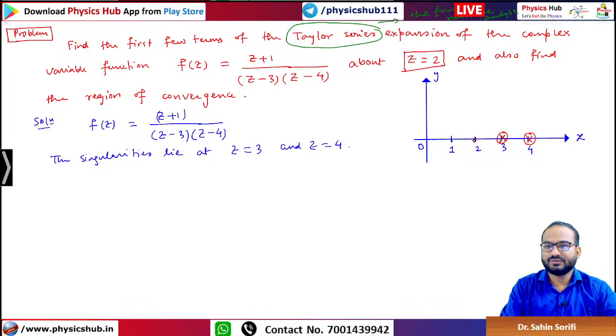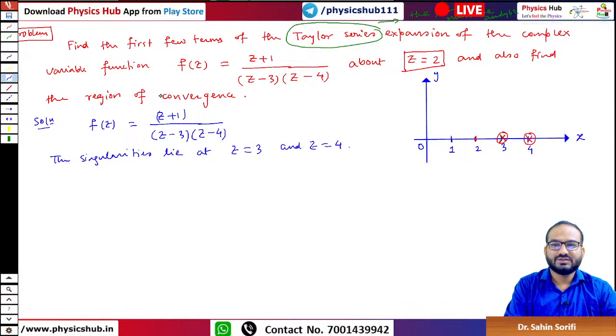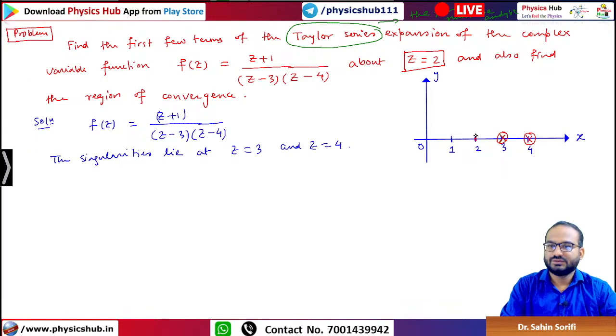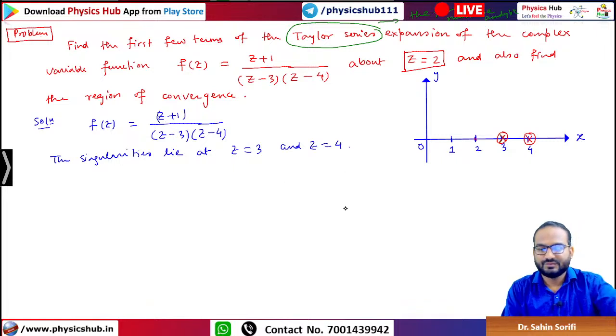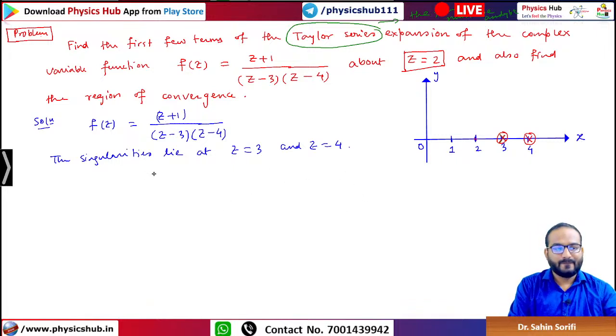So about z equals 2, what does it represent? Mod z equals 2, if you consider, that represents a circle, है ना? So about z equals 2, you have to find out the expansion. So region of convergence should be mod of z minus 2 less than 1, isn't it?